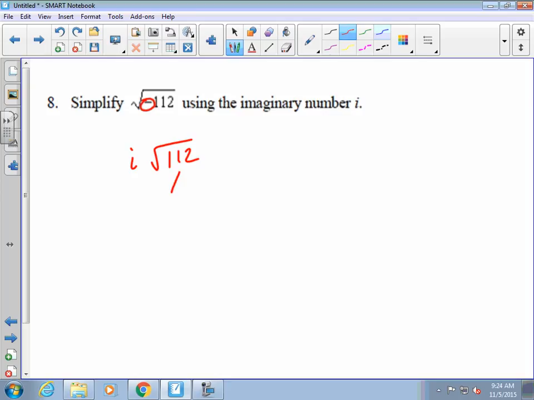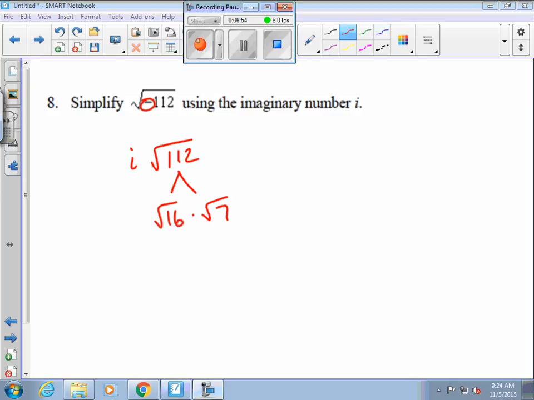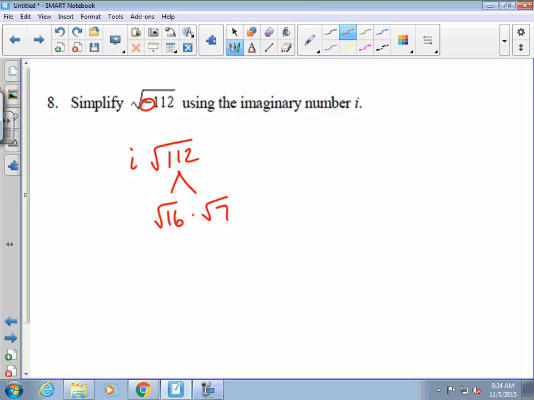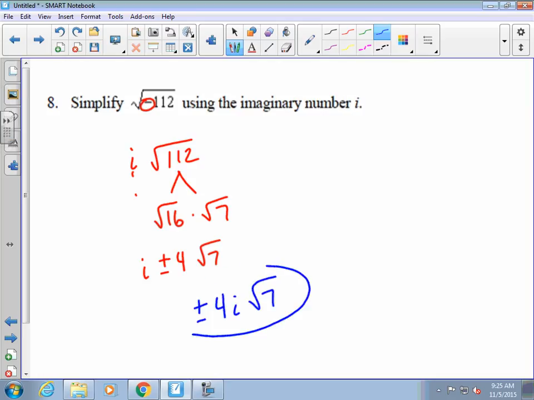When you separate this, you get the square root of 16 times the square root of 7. So the square root of 16 is both positive and negative 4 times the square root of 7, and don't forget this little I that comes down. So let's dress this answer up and say it's both positive and negative 4I times the square root of 7. That's your best version of an answer in the neatest form.